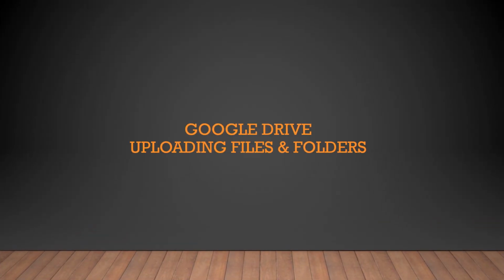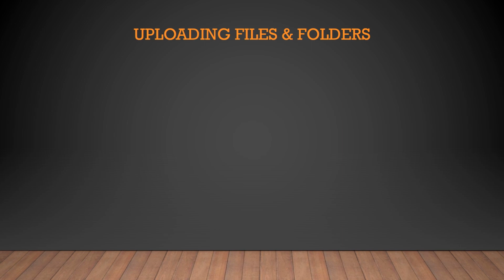Google Drive, uploading files and folders. We are now going to upload a file from our H drive or our removable disk. The first step is to make sure that you have the document saved on your H drive or in your removable disk.